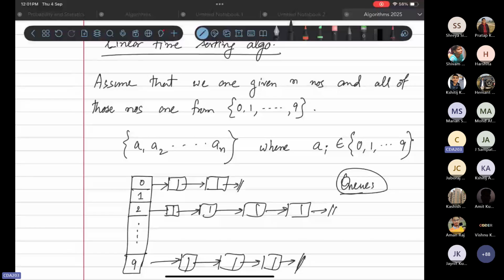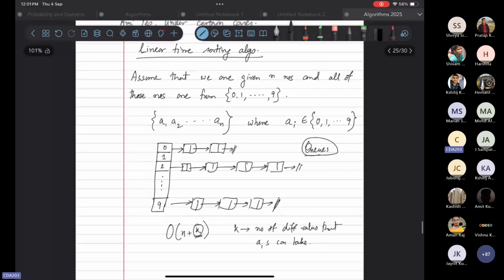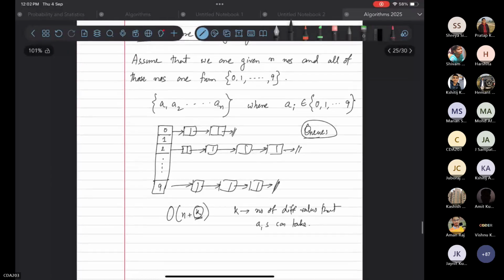We'll see a few other linear sorting algorithms for sorting integers or numbers in general. Do you have any question regarding this particular algorithm? Okay, fine. I'll tell you what this k is all about. I'll write the input as well, the input to this problem.